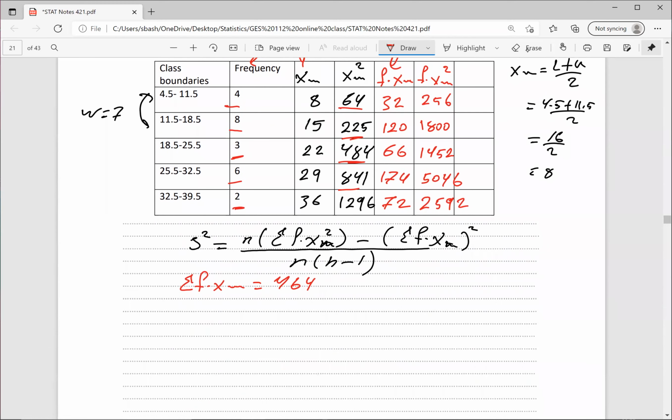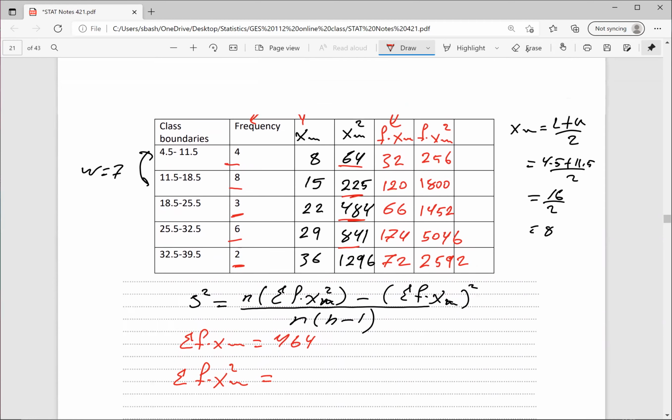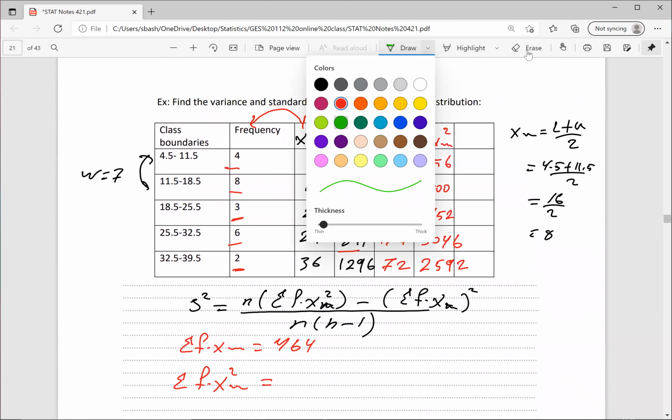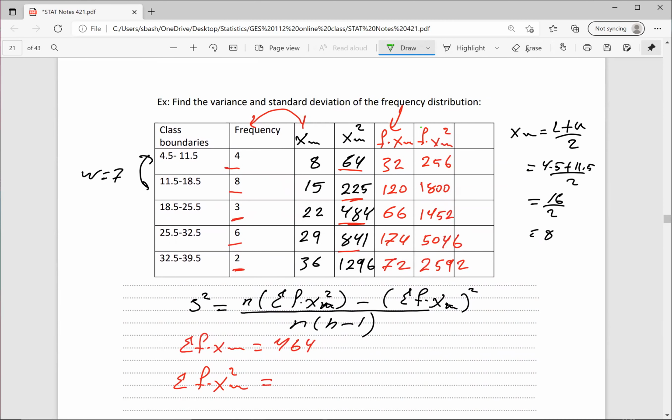So I need to find the total for f multiplied by xm squared. Just add these values. Let's find the sigma.